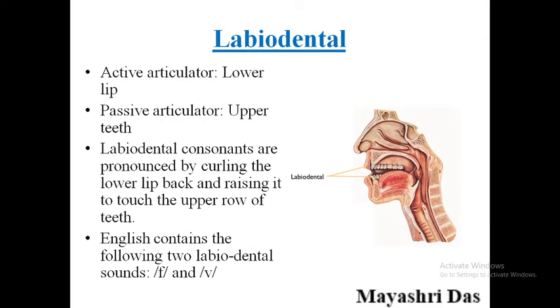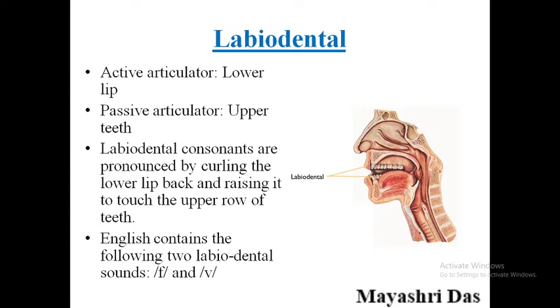And labiodental sounds, where the active articulator is the lower lip and the passive articulator is the upper teeth. The active articulator is the one that has to move in order to produce the sound, whereas the passive articulator does not move, but we use that organ in order to produce the particular sound.